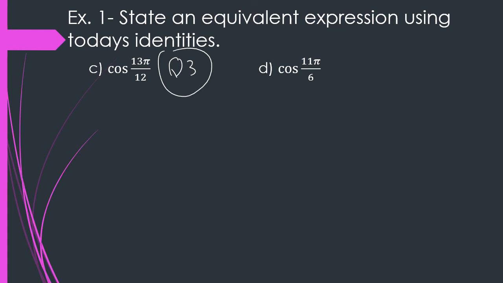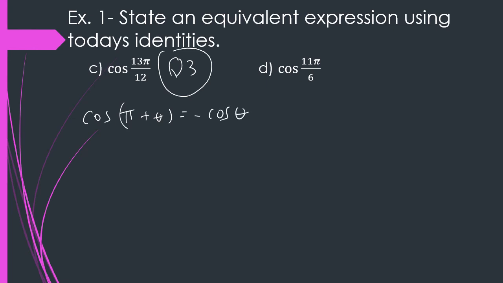So we have to use our quadrant 3 equivalent expressions. And since this is cos, pi plus theta equals negative cos theta.